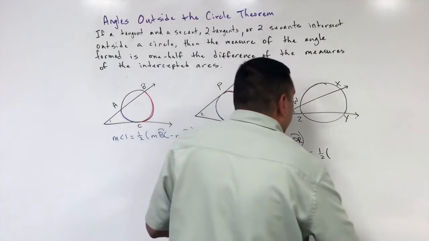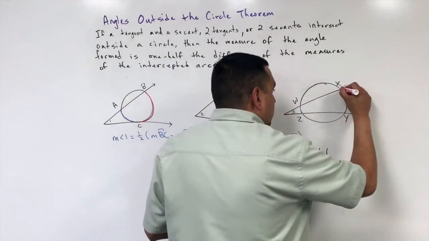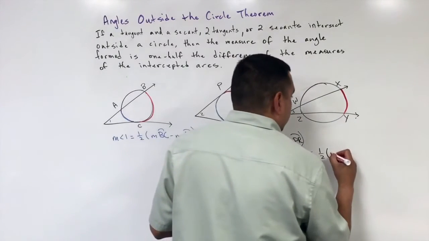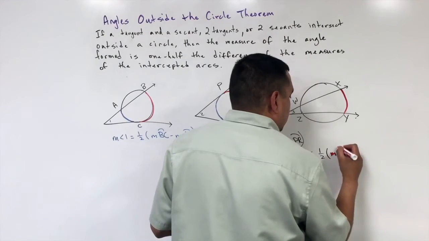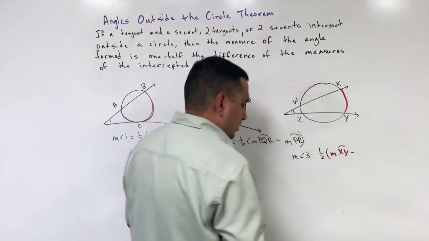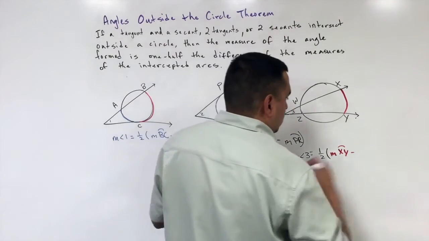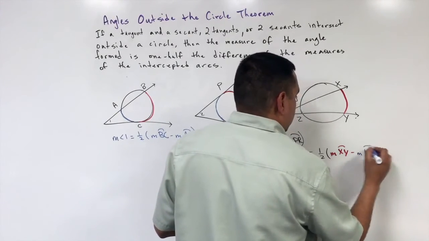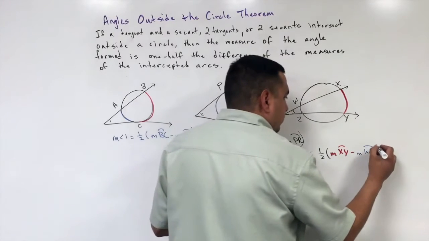The other intercepted arc is this arc XY here. So I want to subtract the measure of arc XY minus the measure of arc WZ, and that's going to give me the measure of angle 3.